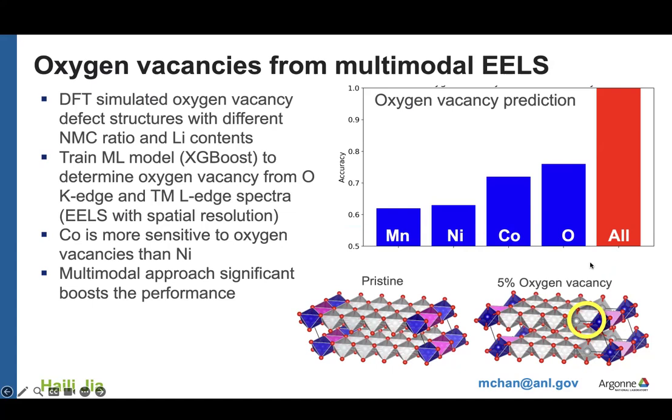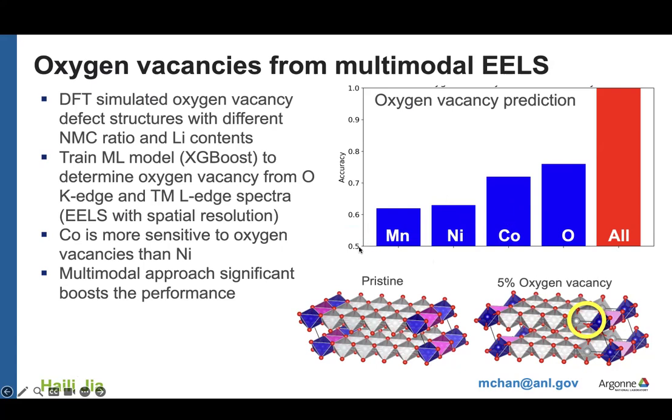So this was one example from Haley Jia, who's just graduated from Johns Hopkins, a student who worked with me remotely. She showed that for manganese, nickel and cobalt, if you look at the L edges, the transition metal L edges accessible with EELS, you have some accuracy.